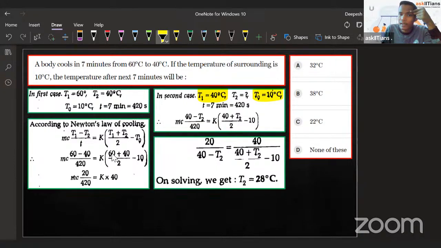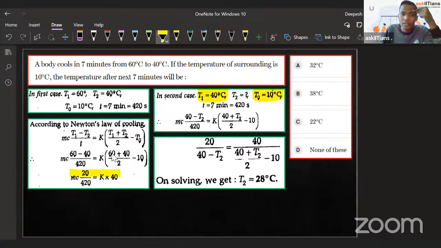Surroundings is still 10 degrees Celsius. How much will be the temperature of the body after 7 minutes, or we can say 420 seconds? So initially it's 40 minus T2 divided by 420. Again, the same thing where T2 is unknown to me. In the previous case, T2 was known, but now T2 is unknown.